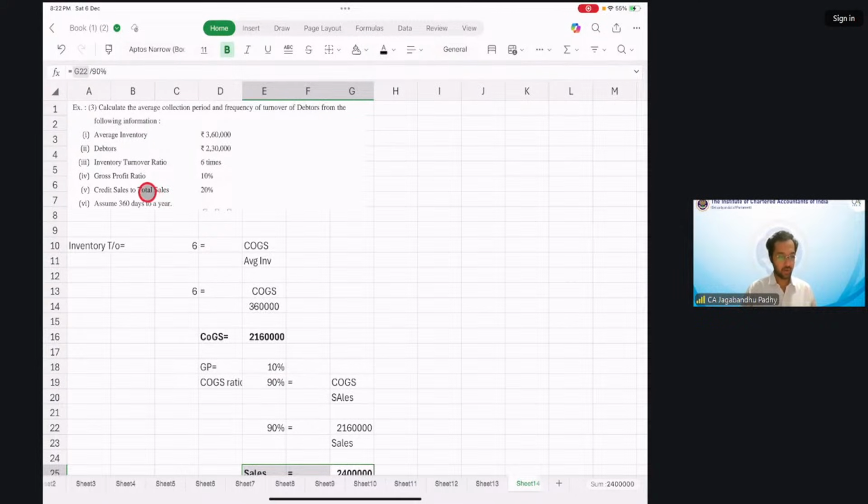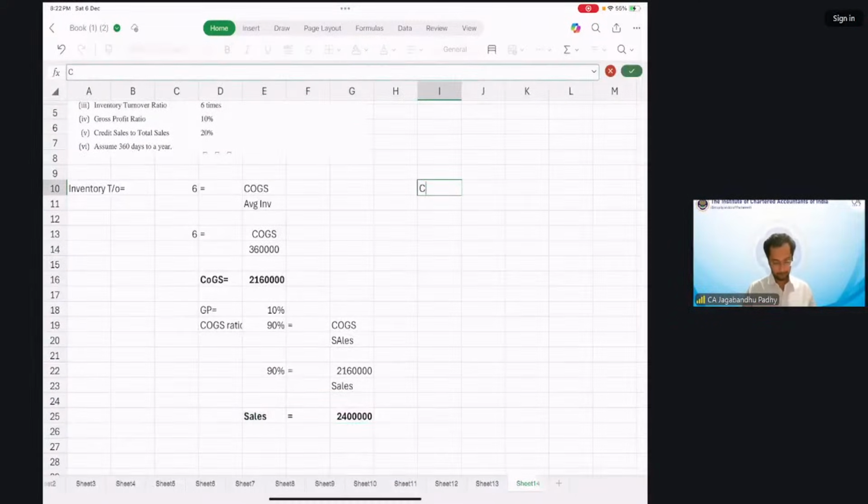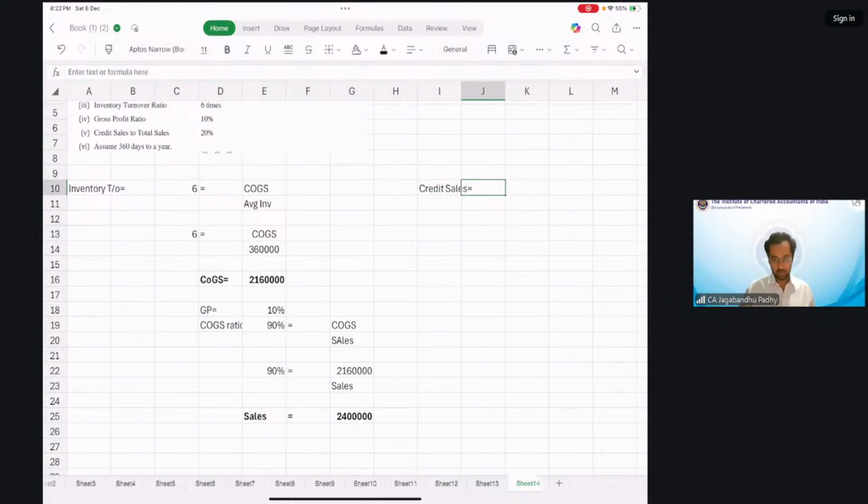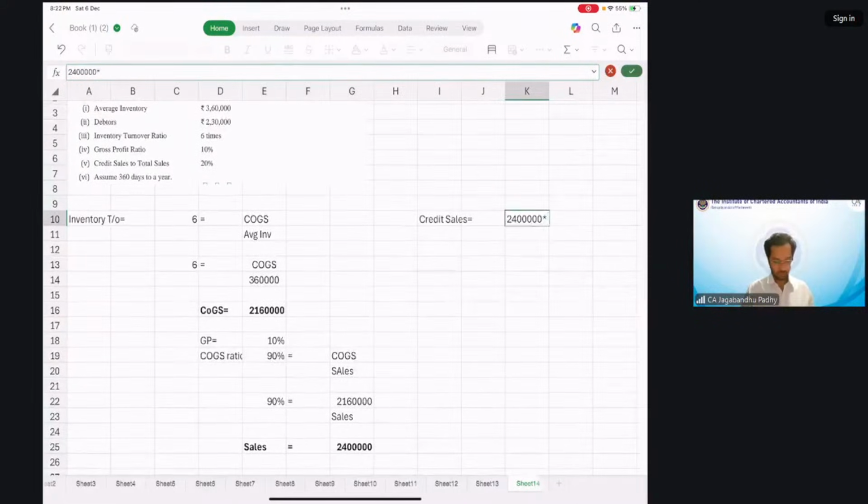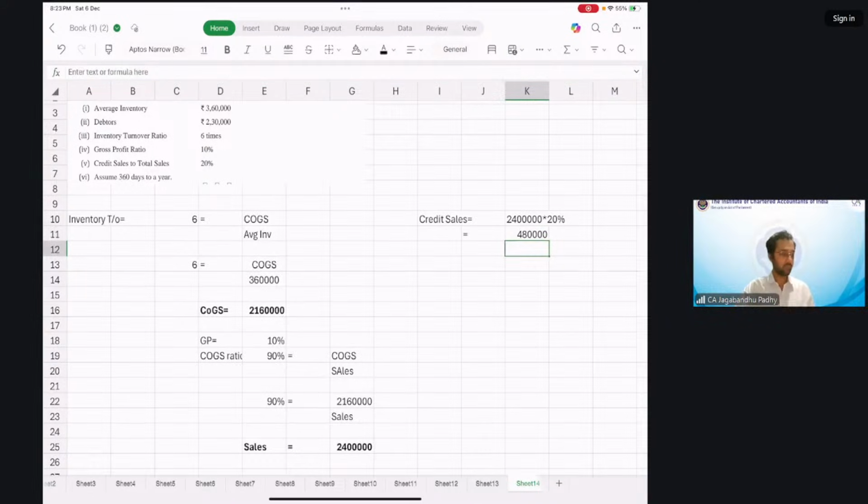Now we have the credit sales to total sales. Credit sales is 24 lakhs into 20%. So 24 lakh into 20% is 4,80,000.